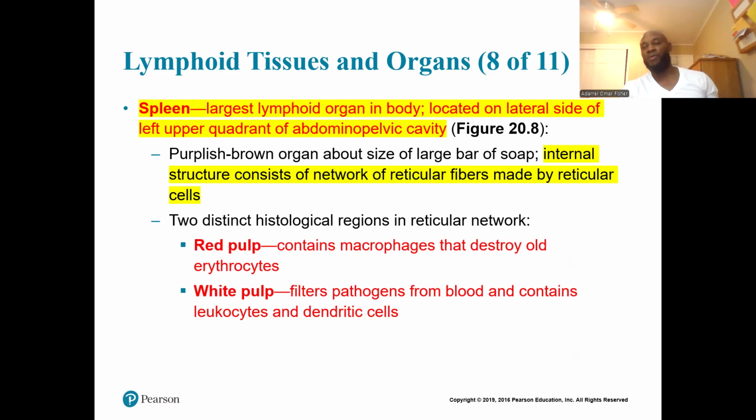We have this red pulp of the spleen, which destroys old erythrocytes. Remember, blood cells live about 100 to 120 days. And then they get old, they get beat up, they come to the spleen and get destroyed. Some of them get recycled. And then we have the white pulp, which filters pathogens from blood and contains leukocytes and dendritic cells.